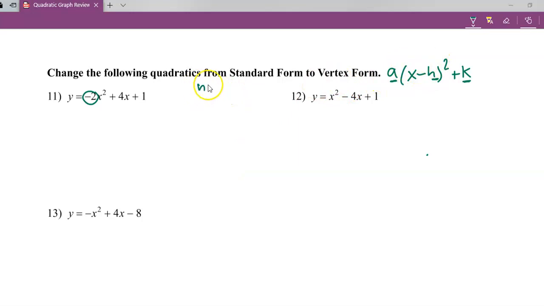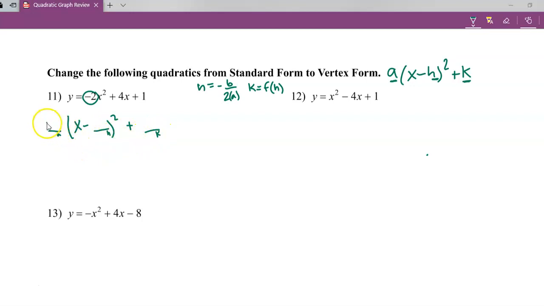H is equal to negative b divided by 2 times a. And k is equal to the function evaluated at h. Okay, so here I'm going to have a times x minus h squared plus k. I'm putting blanks there to put a, h, and k in to remind myself.